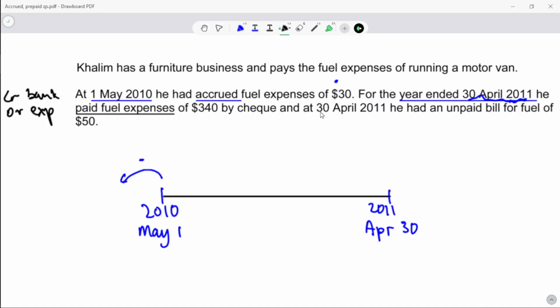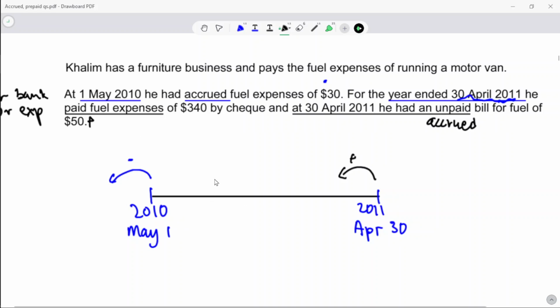Then this one, at this day unpaid. Meaning this one is not yet paid, so it's accrued. So this one to the left, within the line, plus.